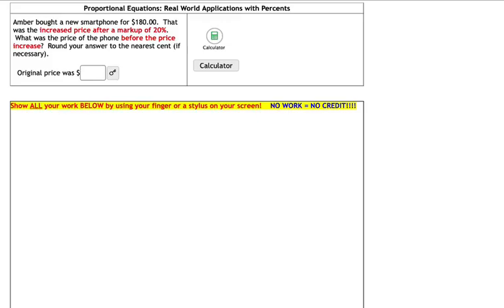In this problem, it says that Amber bought a new smartphone for $180. That was the increased price after a markup of 20%. What was the price of the phone before the price increase? So we have a markup of 20%.